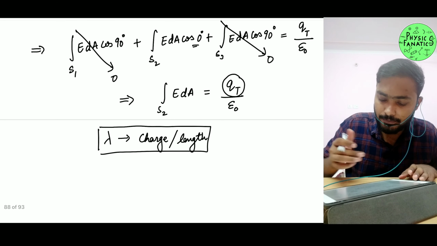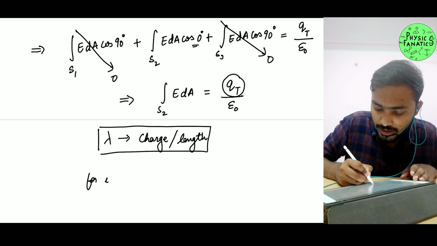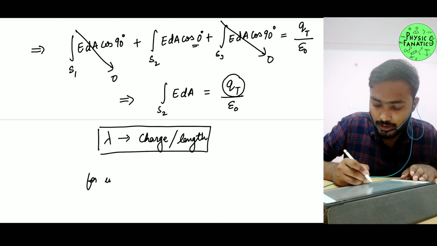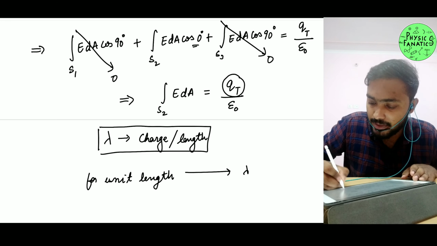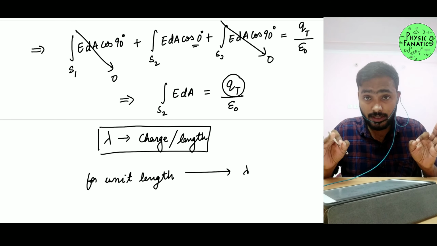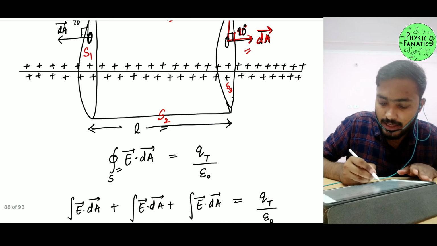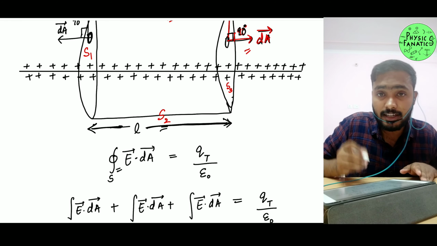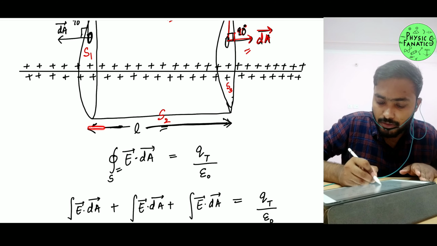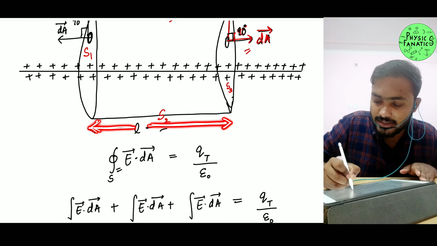So I can argue, using the unitary method, for unit length, lambda charge is there. You can see I have to talk about L length. So I have to find out how much charge is there in this L length.